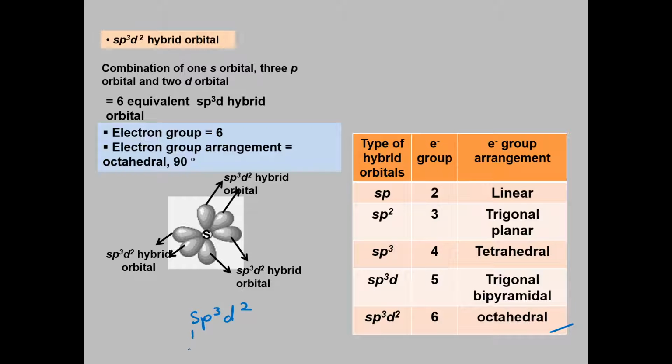Maksudnya 1 dari S, kita ada 3 daripada P, and kita ambil 2 daripada D orbitals, having a total of 6 electron group, ataupun in other words, they have 6 bonds lah. Okay, untuk dia punya angle, untuk dia punya shape, sama je macam yang kita belajar before this, molecular shape.